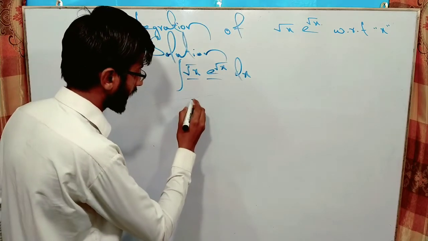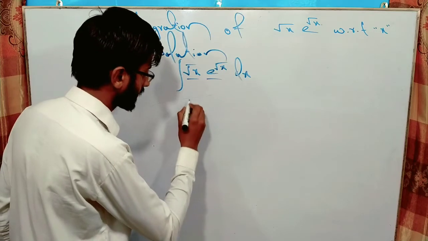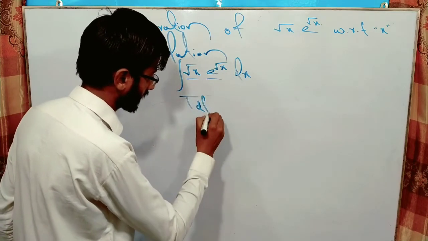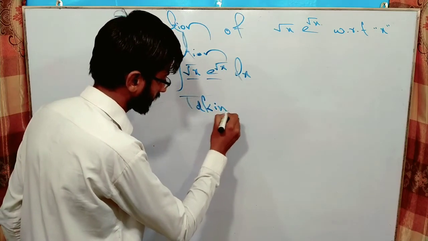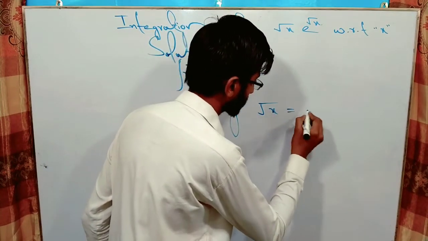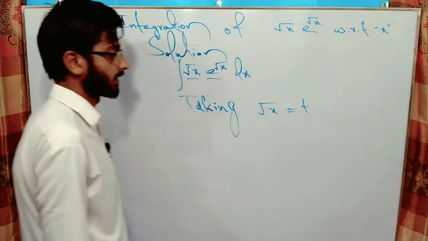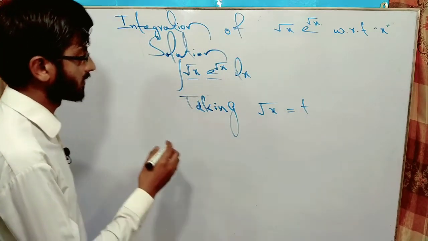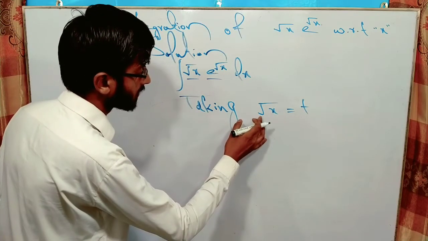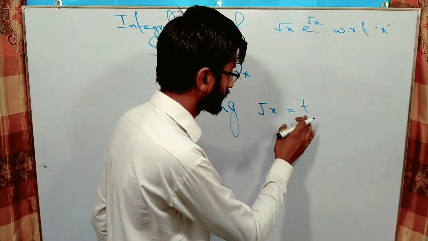So I am taking under root x equal to t. Let's suppose under root x equal to t.